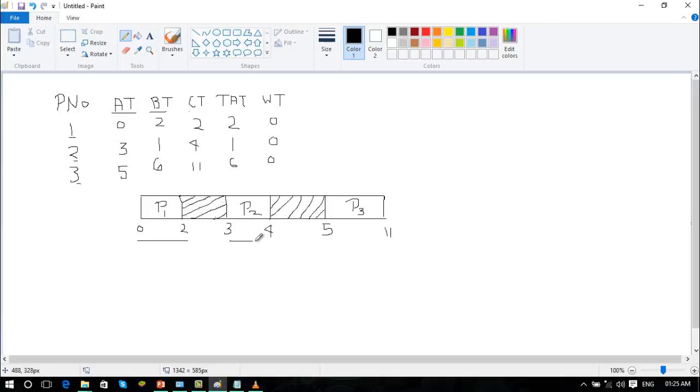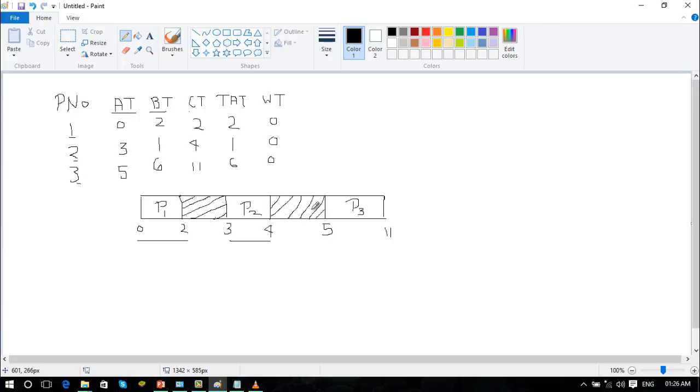It will finish by 4, and at that time P1 and P2 are over and process 3 has not come, so it will wait. So there are some gaps in the Gantt chart. That is simply the CPU being idle, not doing any work; you cannot write P1, P2, P3 there because they are not available.